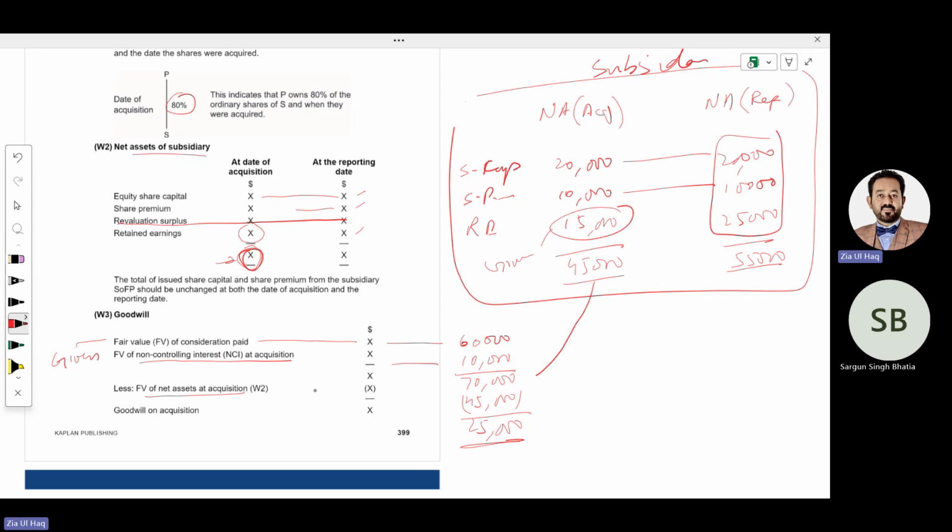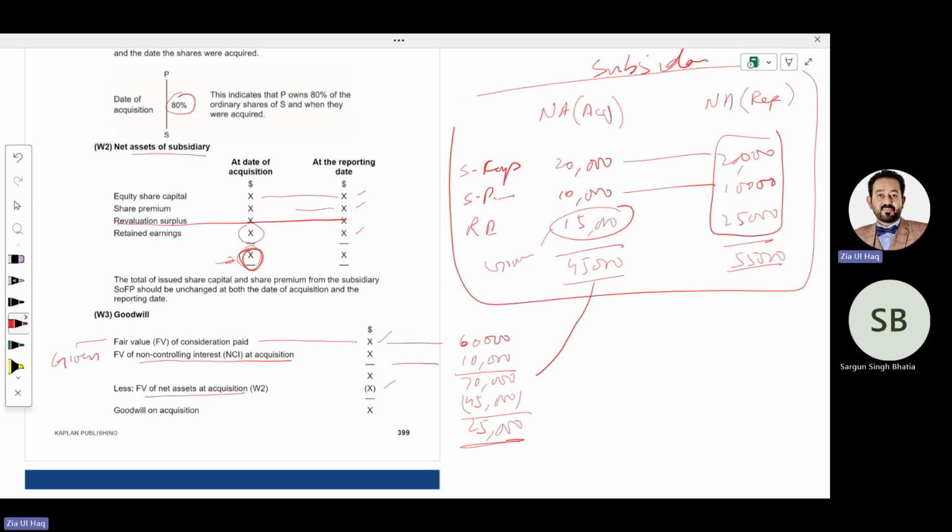Consideration paid less fair value of net assets acquired, only two figures. But in case your holding is less than 100%, consideration paid plus non-controlling interest that will be given in the question, and we need to subtract what? Fair value of net assets acquired. Is that fine?